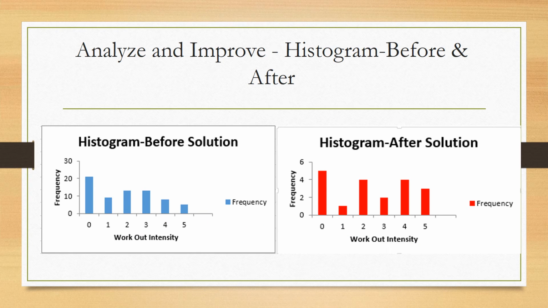The next step in my analyze and improve phase was I put together a couple of histograms. For me, analyzing the histograms, a quick point is that I could have put in a percentage, but looking at these two graphs side by side, although they have different y-axes, it's kind of subjective. If you look at the histogram before, you had a lot more data compared to what we had after.